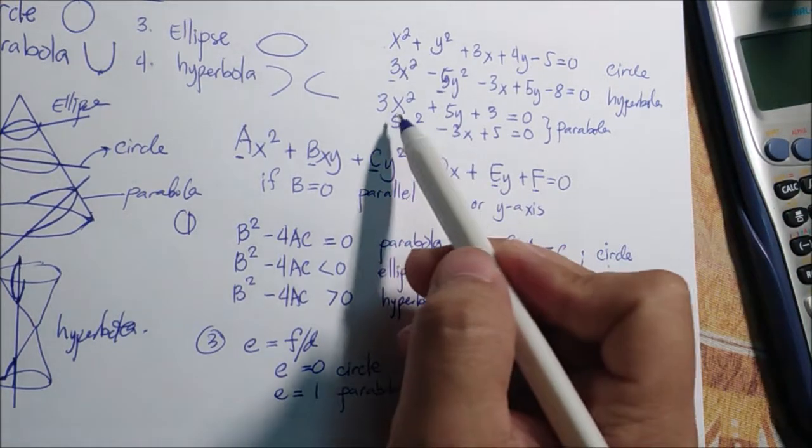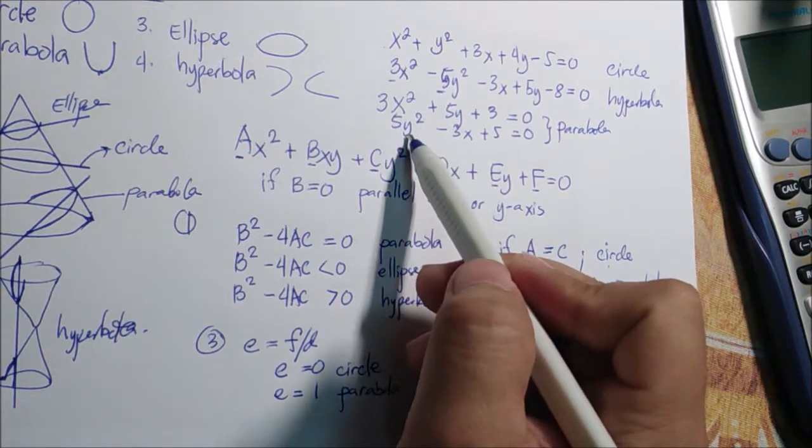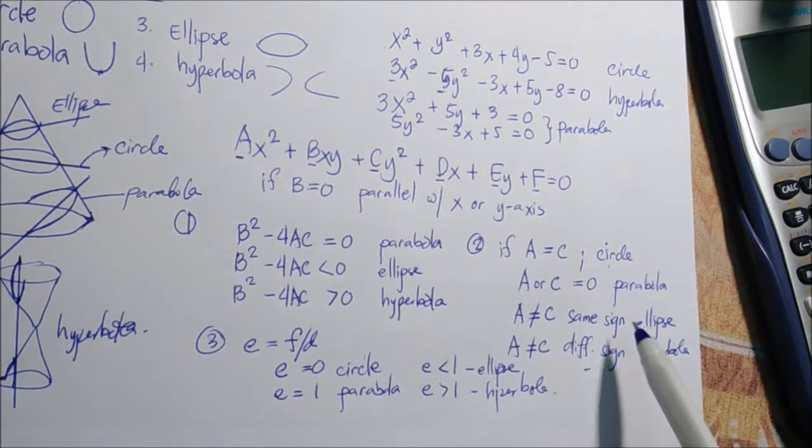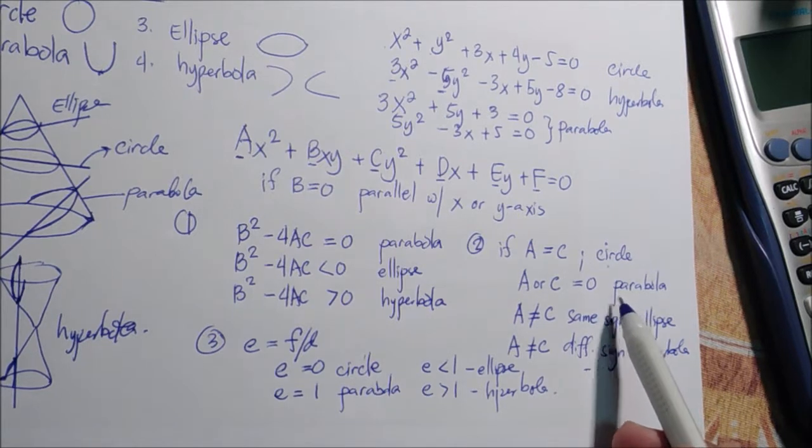Why? Because c is not present here and a is not present there. a or c equals 0.